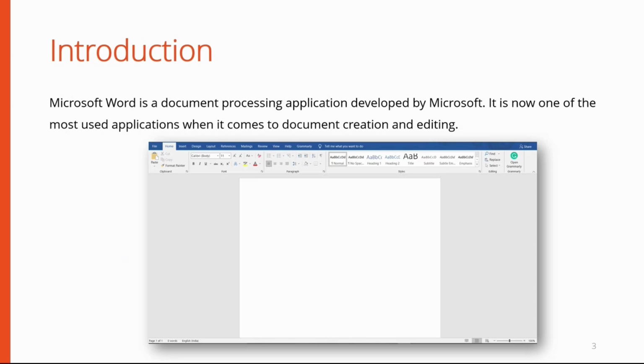Second of all, it has a very friendly interface. All the features, all the functions, all the things that you would require to create a perfect document are already available along with Microsoft Word. You do not have to worry about it. You want to add a picture on your document, you will be able to do that. You want to add a few SmartArts and a flowchart on your document, you will be able to do that as well.